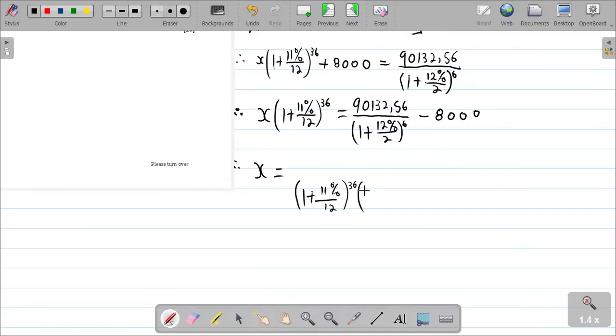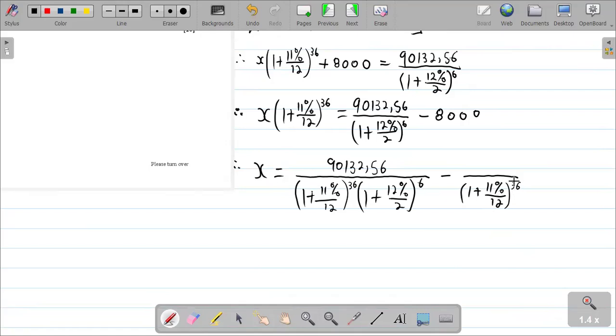And then we also have this, so it's 1 plus 12% over 2 and then to the power of 6 and then divided by, so these two, they divide 132.56 and then minus 1 plus 11% over 12 to the power of 36 and then 8,000 equals to.